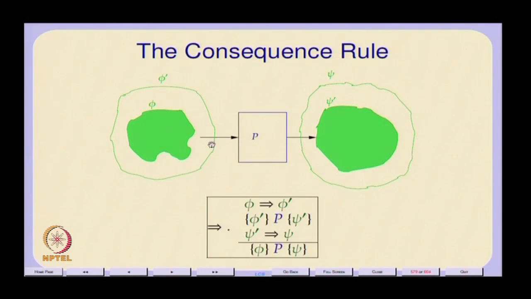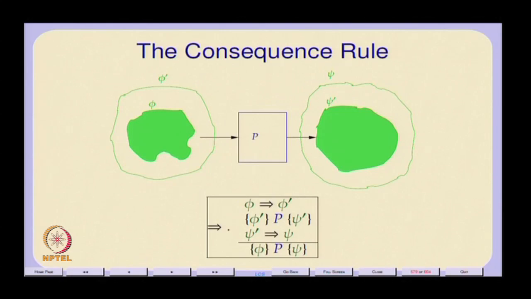So, here the picture essentially says that supposing I have got a specification phi P psi. I want to prove that this program P satisfies the specification with precondition phi and postcondition psi, but I am able to prove a stronger property.